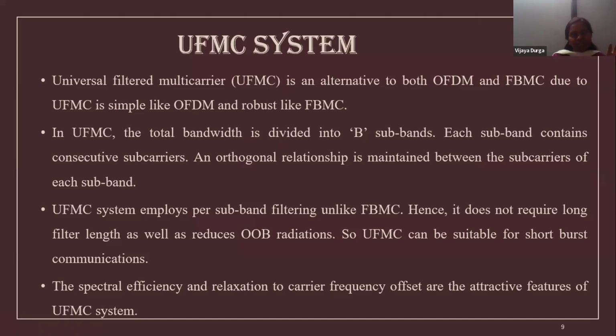In FBMC, for each and every carrier we employ a filter, but here in UFMC, instead of one filter per carrier, we divide the band into subbands. Each band consists of a number of subcarriers, and for each subband we can use a filter. That's why it is called sub-band filtering. The UFMC system employs sub-band filtering unlike FBMC.